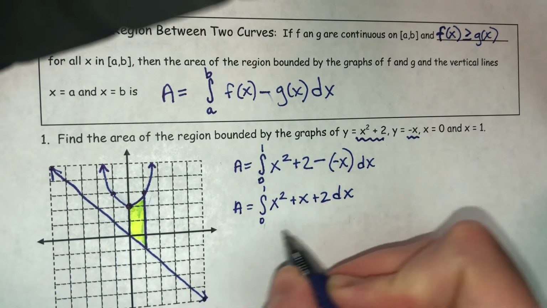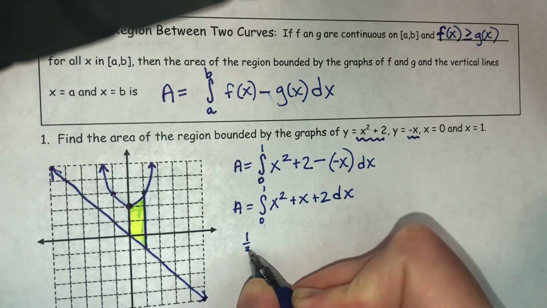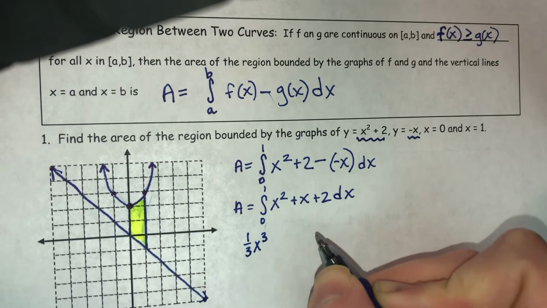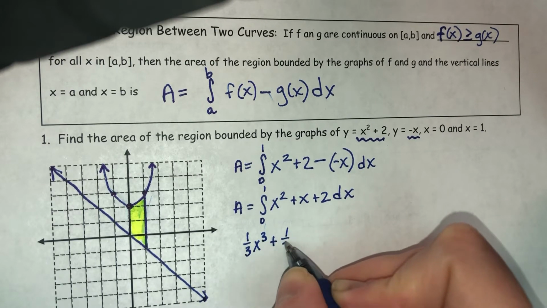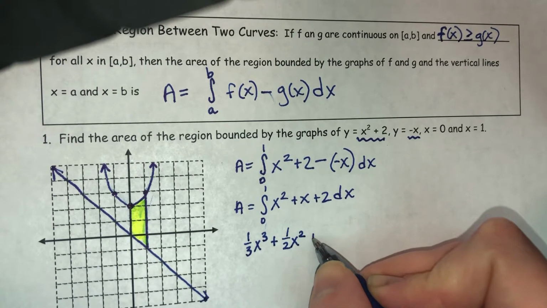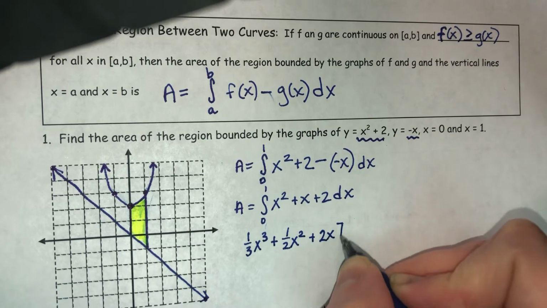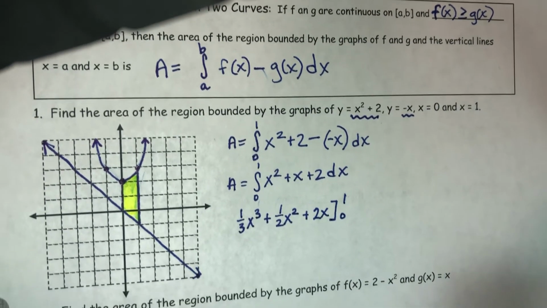So let's first integrate. The integral of x squared is 1/3 x cubed, power rule backwards, plus the integral of x is 1/2 x squared, and the integral of 2 is 2x, and this will be evaluated from 0 to 1, and those are super nice, easy numbers to sub in.